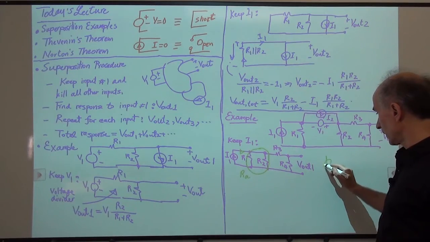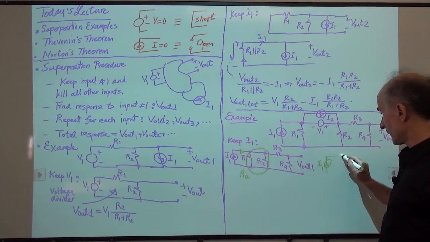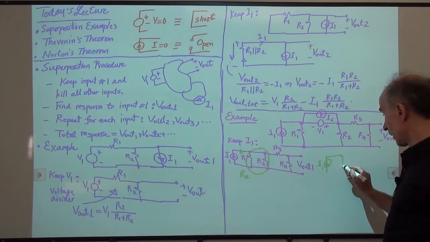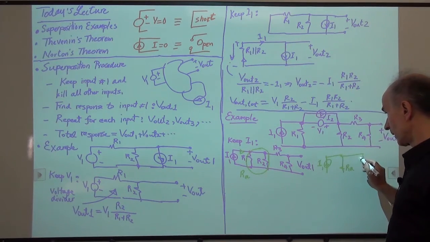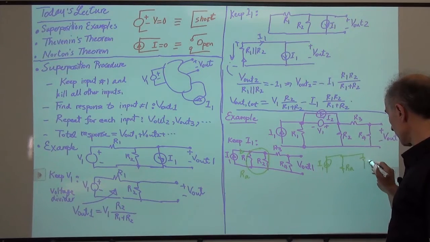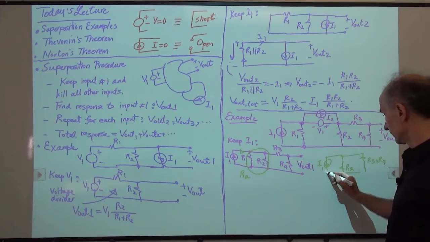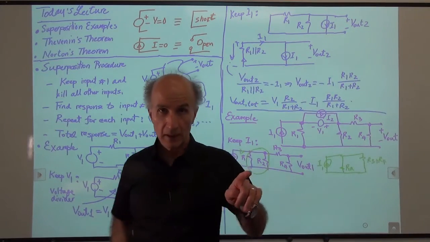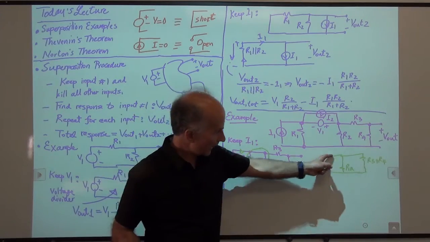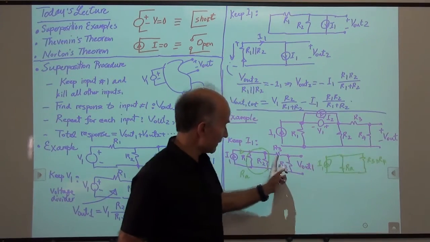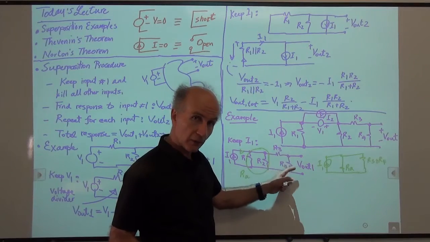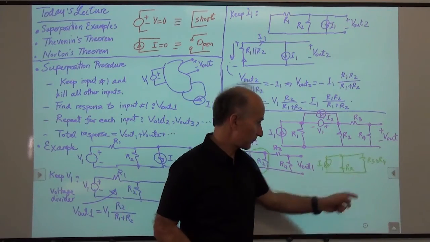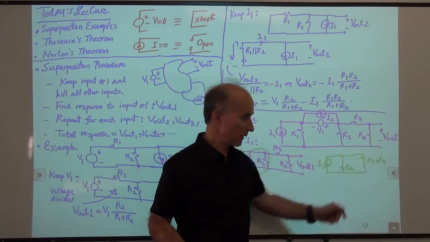We have I1 now splitting between RA and then R3 plus R4. Is that okay? So I1 is coming in. It sees two branches, right? It sees RA going this way, and it sees that branch consisting of the series combination of R3, R4. So that's that branch.